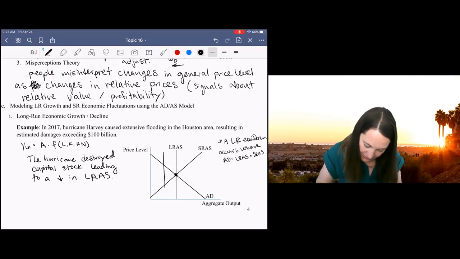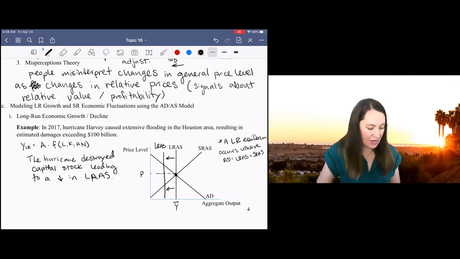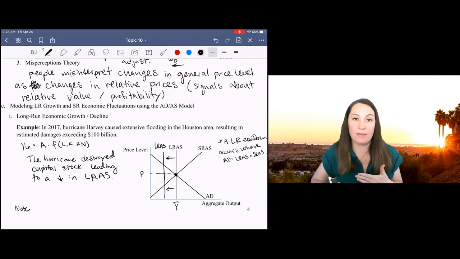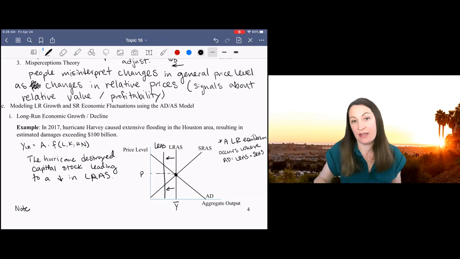So long run aggregate supply will shift inward, right? Here's our initial level of output and price level. And when long run aggregate supply shifts inward, short run aggregate supply will move with it, because short run aggregate supply just represents how we would deviate from our long run potential when prices are different than we expect, right?